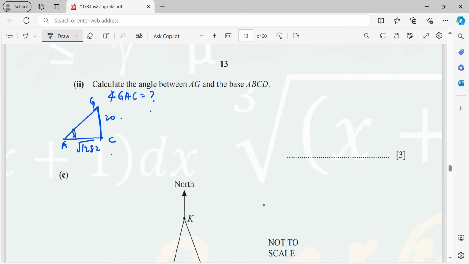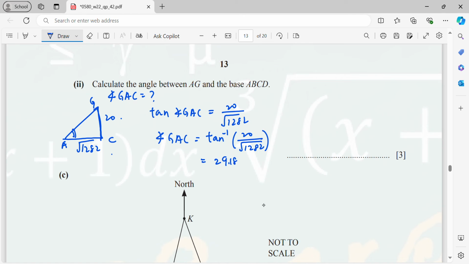So which means tangent. So tangent angle GAC equals to 20 over square root 1282. So now my angle GAC is going to be inverse tangent of this value. Then you will be getting 29.187. That is 29.2 degrees.